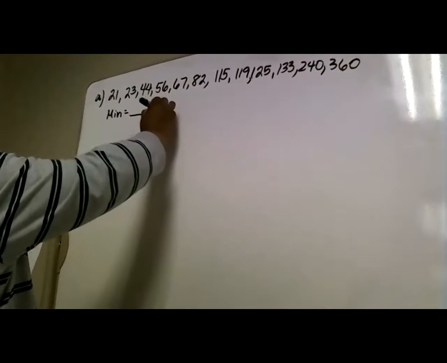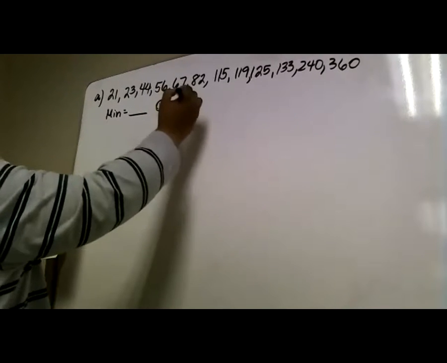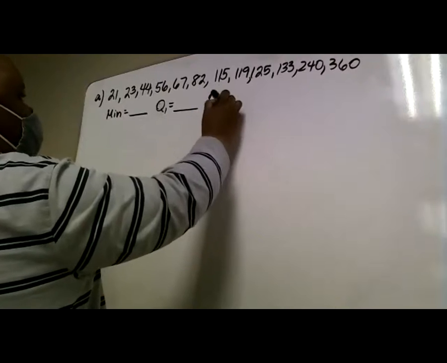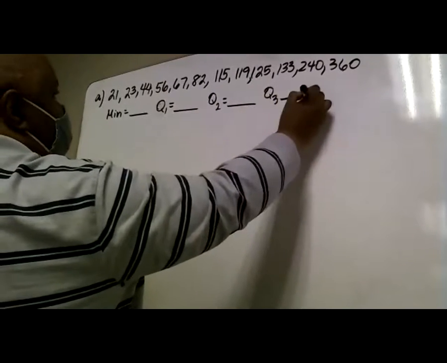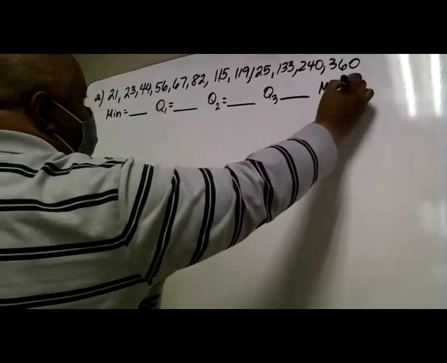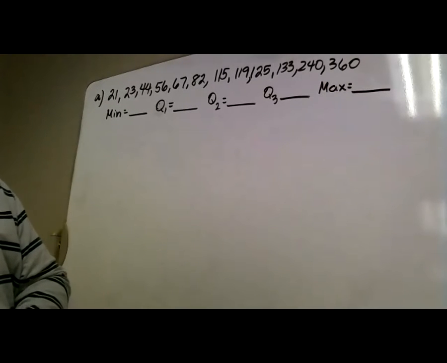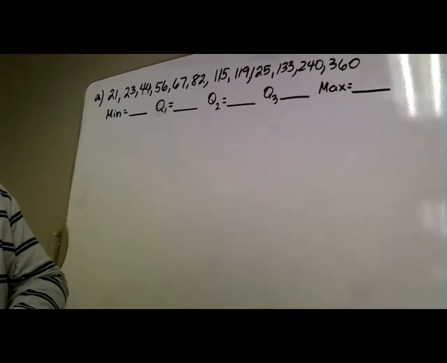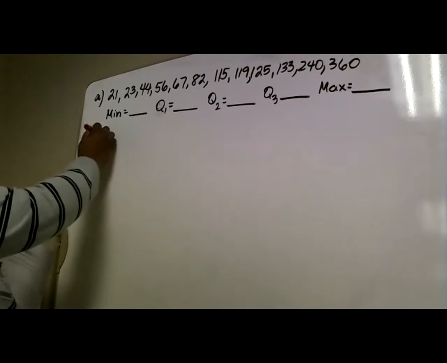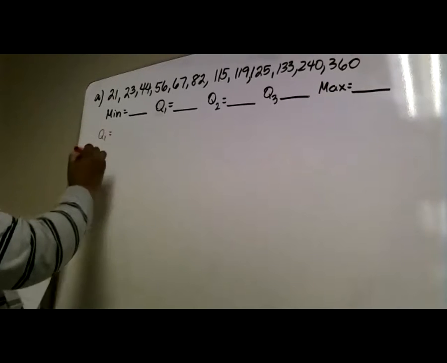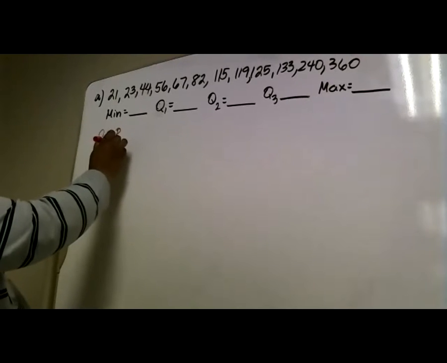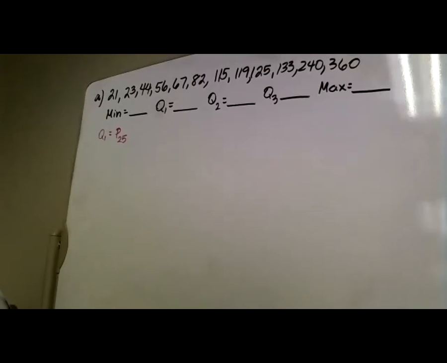And notice I'm doing this: min, Q1, and then Q2, Q3, and then the max. Let's first find Q1, Q2, and Q3. Of course, Q1 represents the 25th percentile.